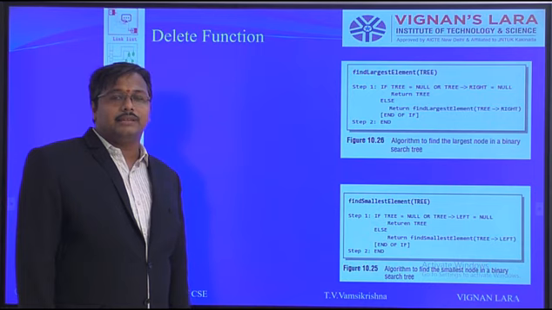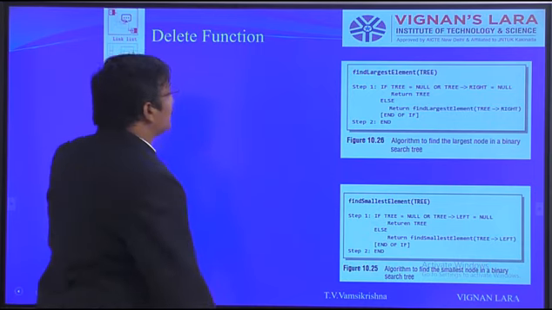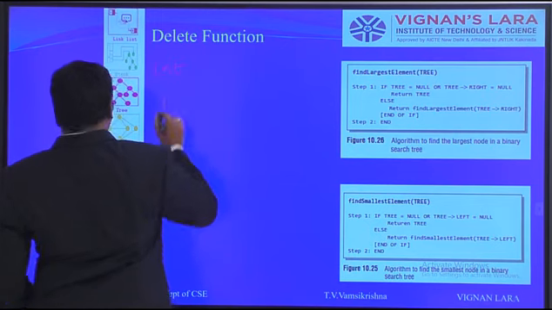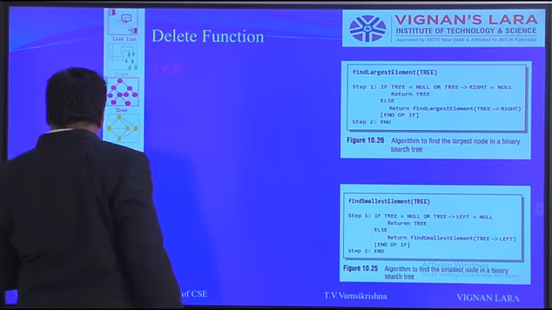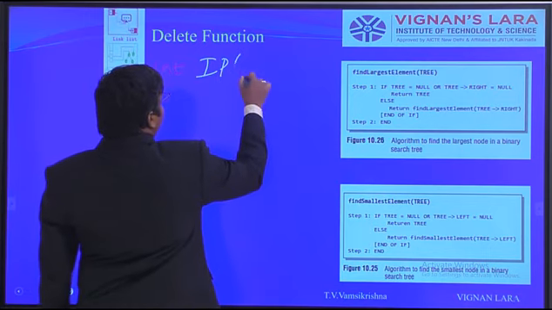So what functions are we using to find the in-order predecessor and in-order successor? These two are the codes. Say, for example, int. Find the largest element, nothing but the in-order predecessor.